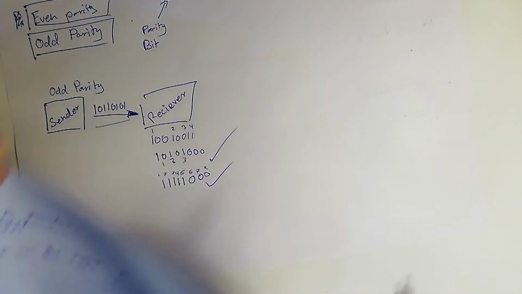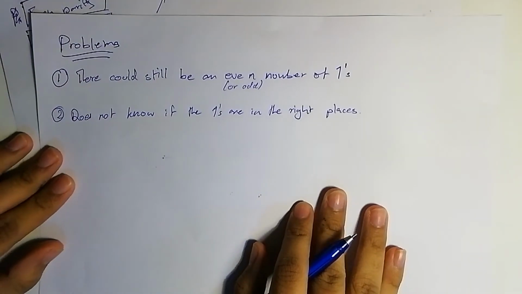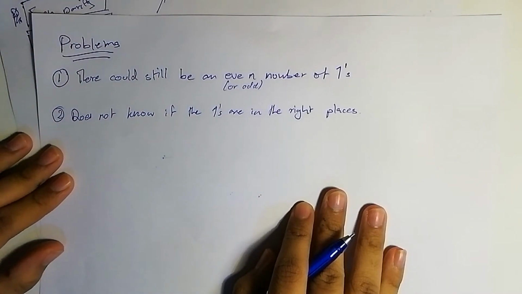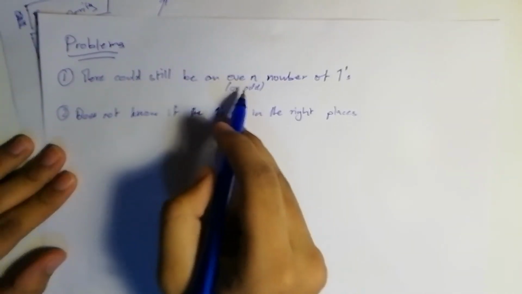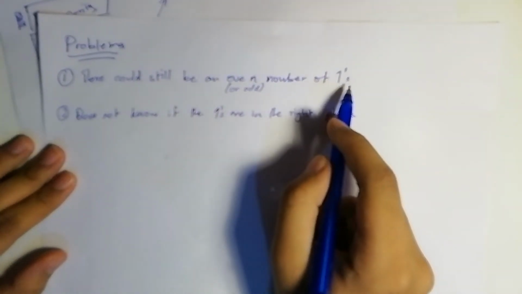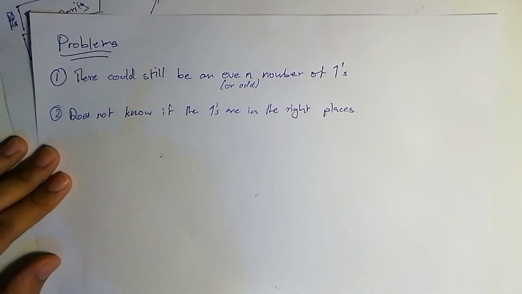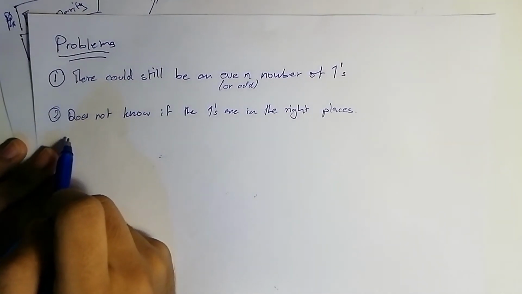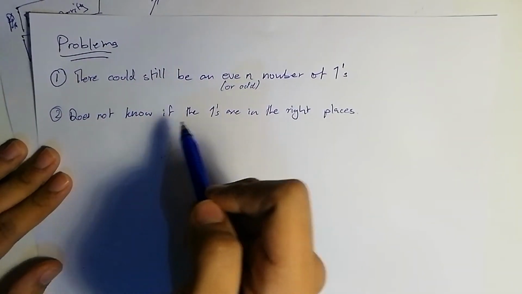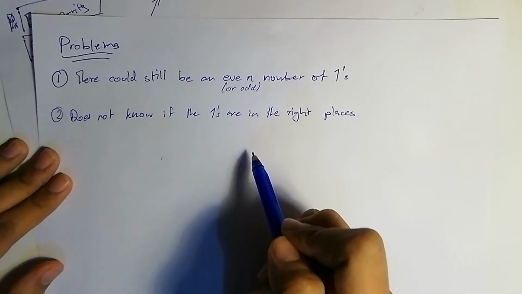So yeah, there are 2 problems with this. One being that there could still be an even or odd number of ones, and 2, parity does not know if the ones are in the right places.